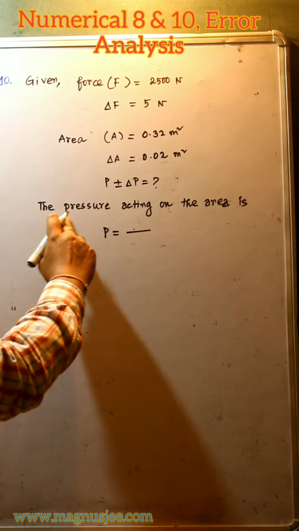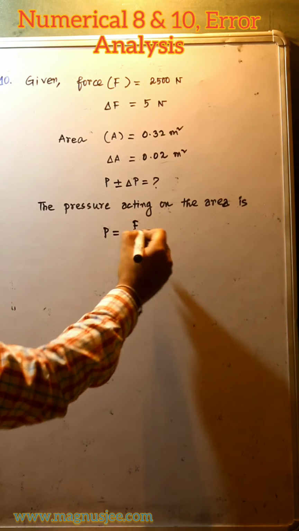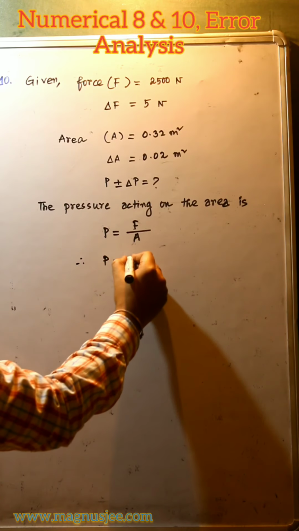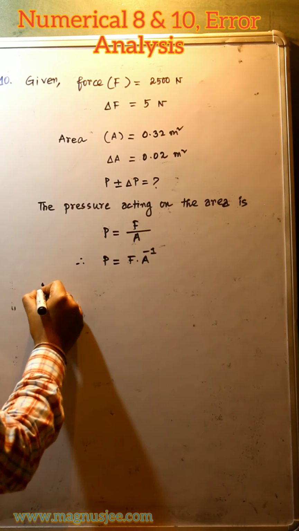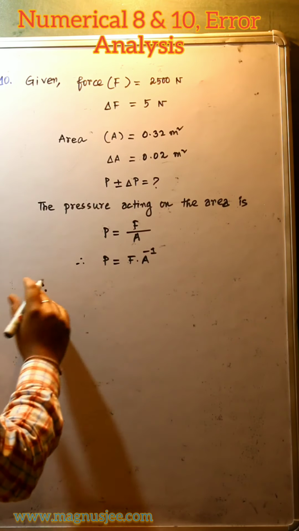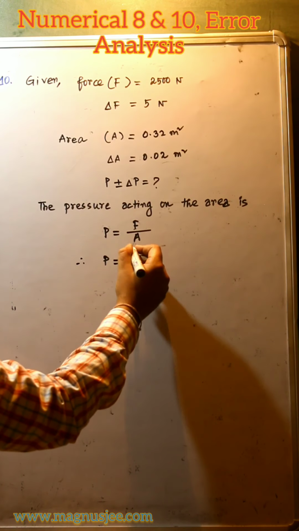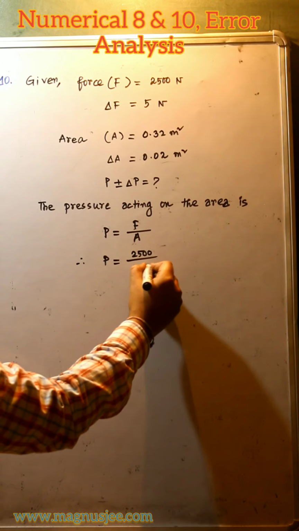The expression of pressure acting on the area is force acting normally per unit area. So P is equal to F into A to the power minus 1. Force is 2500, area is 0.32.